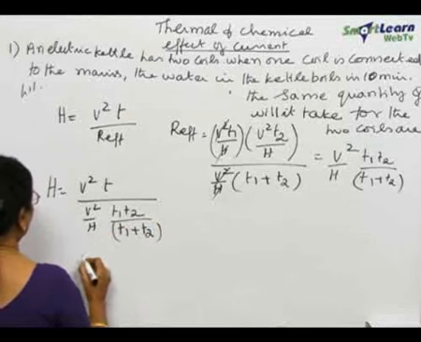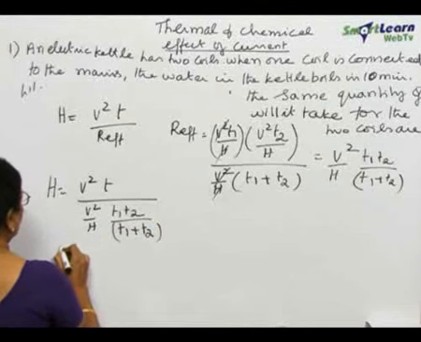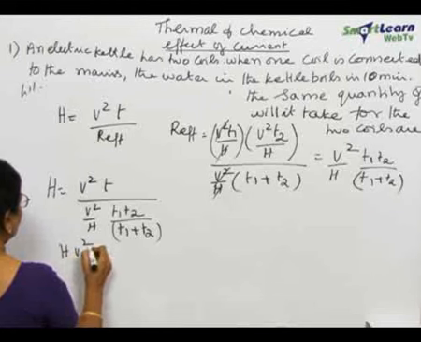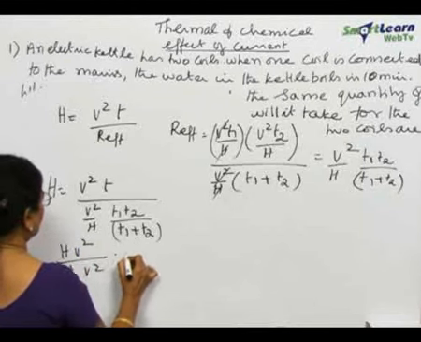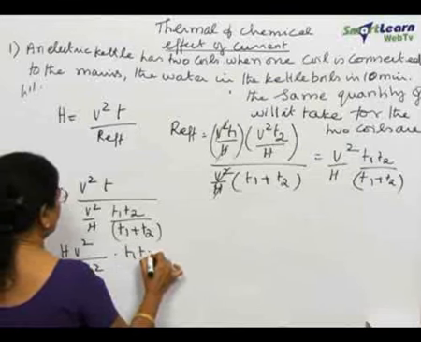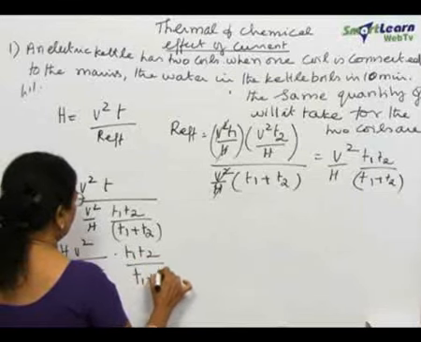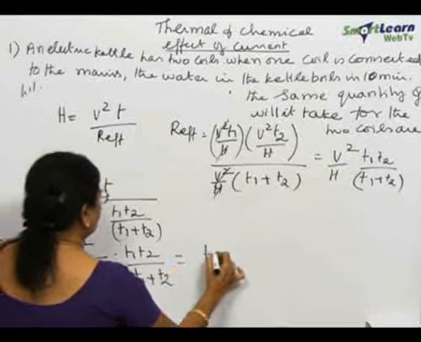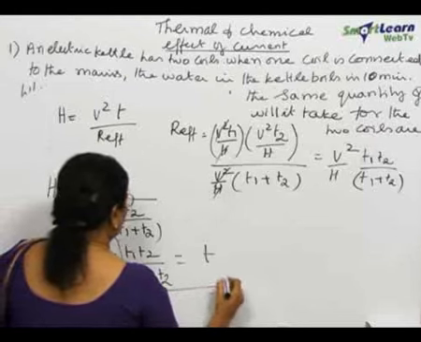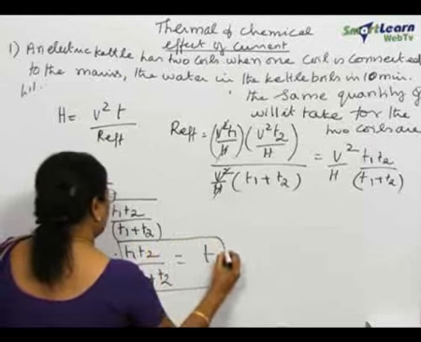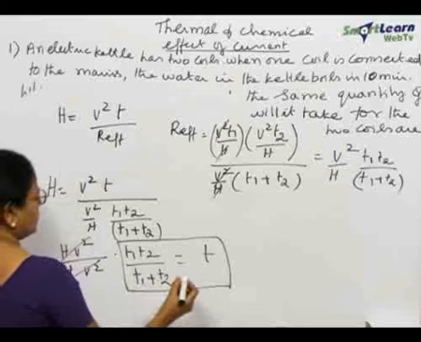Cross multiply: H times V square by H, that is V square, into T1 T2 by T1 plus T2, equal to T. So, this cancels, and so T is equal to T1 T2 by T1 plus T2.